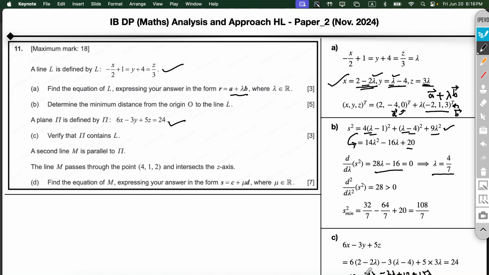So together they cancel each other and you get 12 plus 12 equals 24. So indeed this equation is satisfied, 6x minus 3y plus 5z equals 24. So hence all the points in the line L will be contained in the plane pi, and hence the entire line is contained in the plane pi.